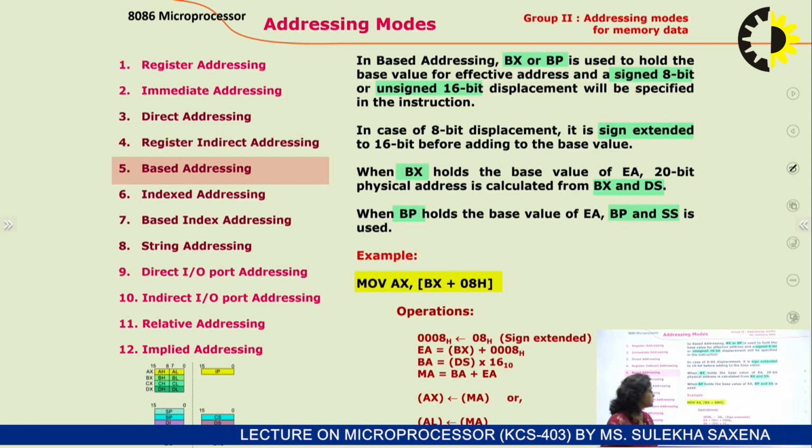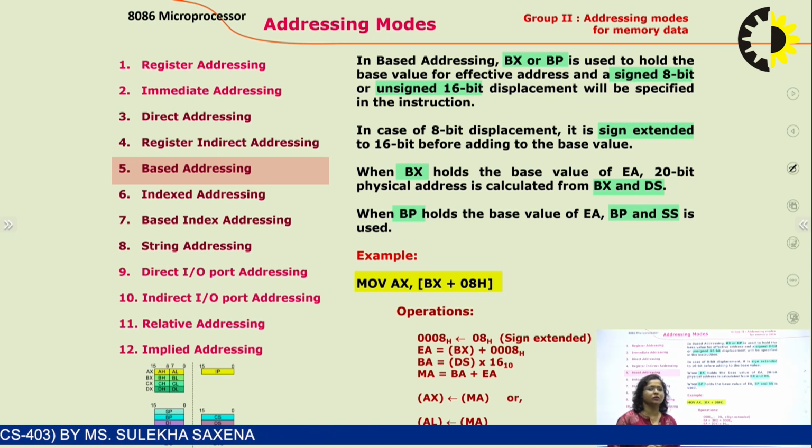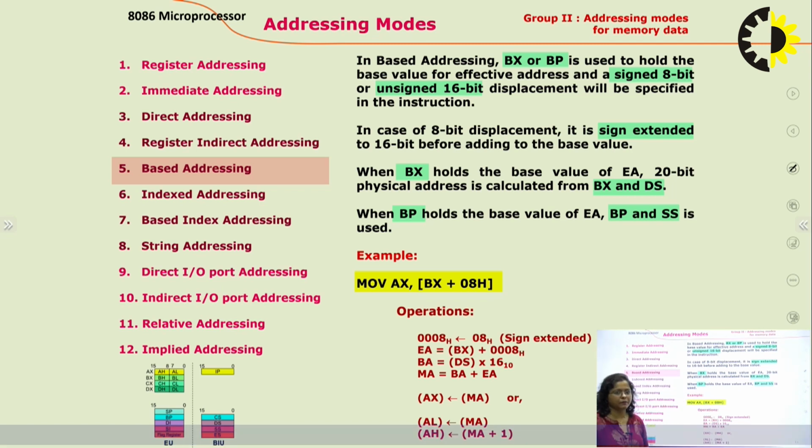Now, base relative addressing is also called based addressing or base relative addressing. Herein, only one register, that is BX or BP, is given in addition to an 8-bit or 16-bit displacement. So, BX plus 08 will give the effective address.